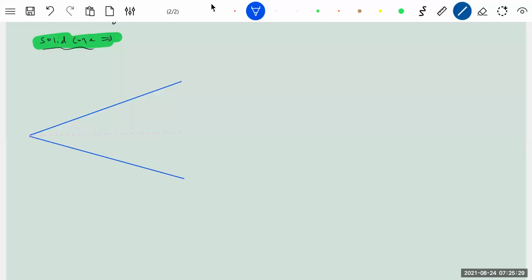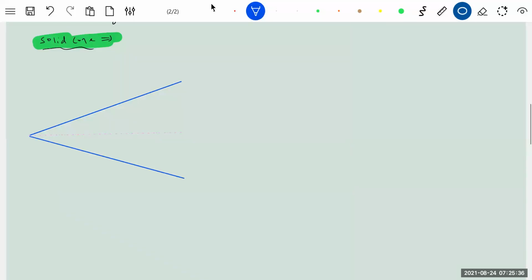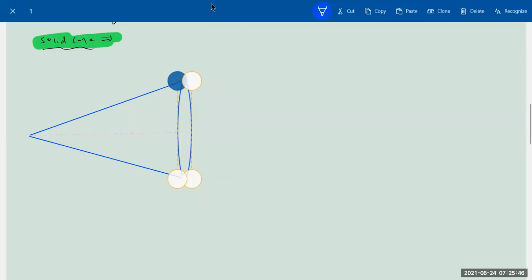Everyone knows a solid cone. Solid cone of height h and radius r. Don't wait for my diagram.